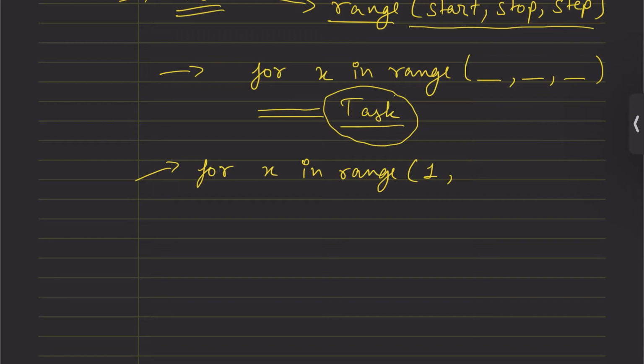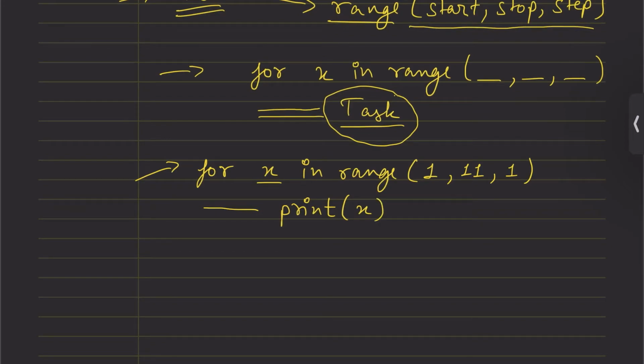So if I want to print from 1 to 10, I have to write here 11. Then the step is 1 because I have to print them one by one. Then I will put an indent in the next line by pressing the tab button on my keyboard. Then I will use the print command like this. Inside print, I will put the variable which I have used here.